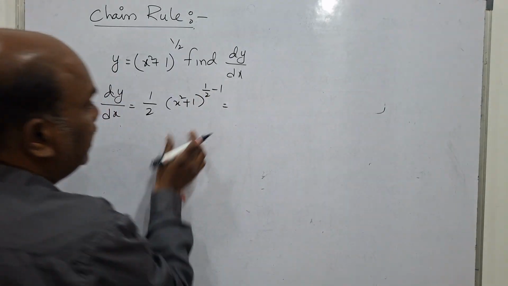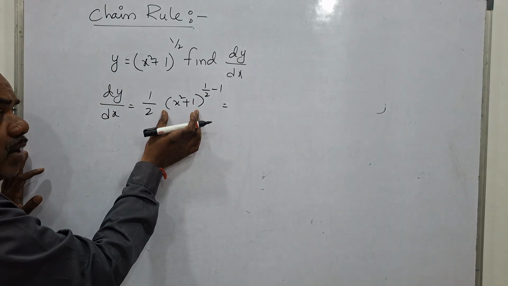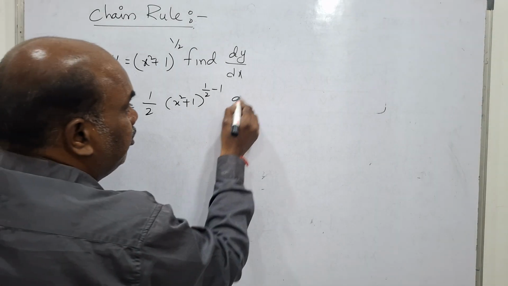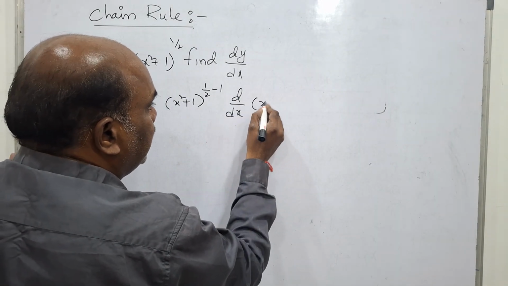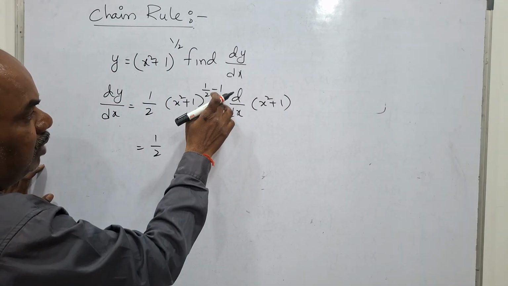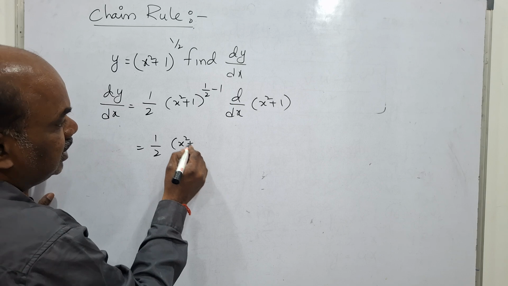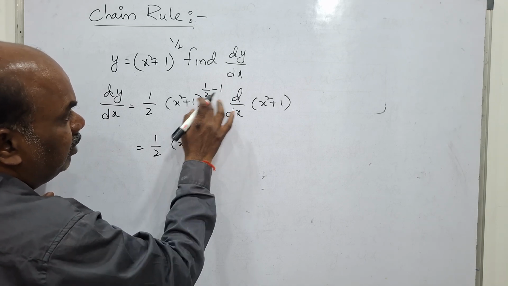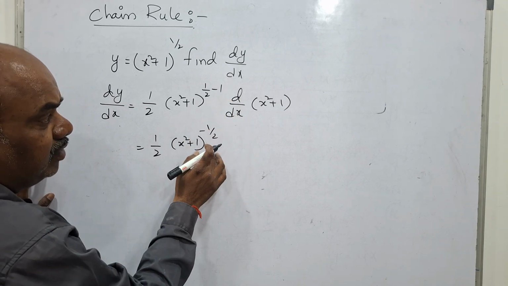Let us consider this whole thing as a variable. Now this is not x, it is in the form of x square plus 1, so again you have to differentiate this whole function. Now 1 by 2 into x square plus 1 whole power 1 by 2 minus 1, that is minus half.